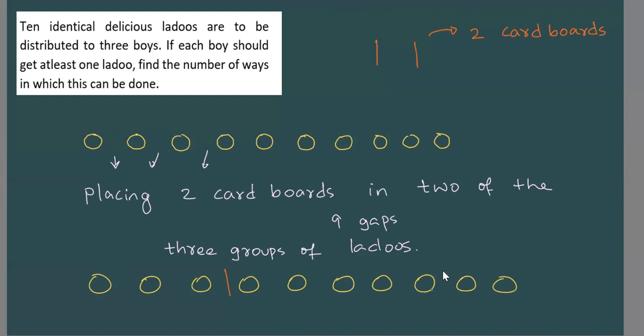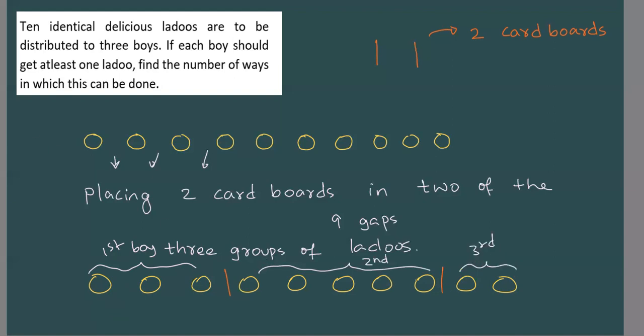If I place it here, the first 3 laddus are given to the first boy. In the gap between the 2 cardboards, we have 5 laddus, so these go to the second boy, and the last 2 laddus go to the third boy.